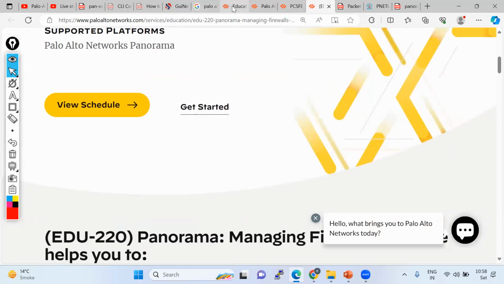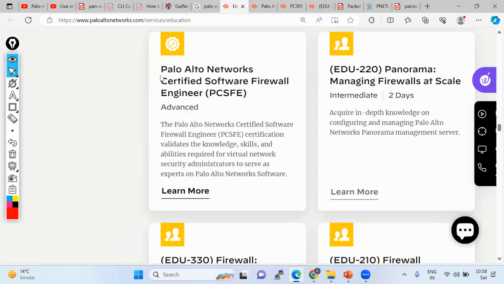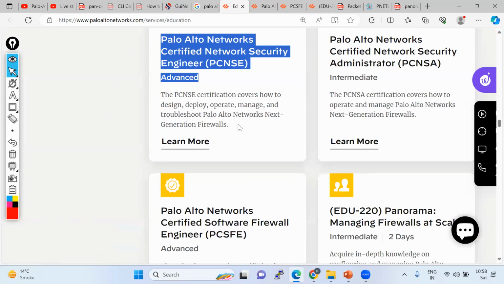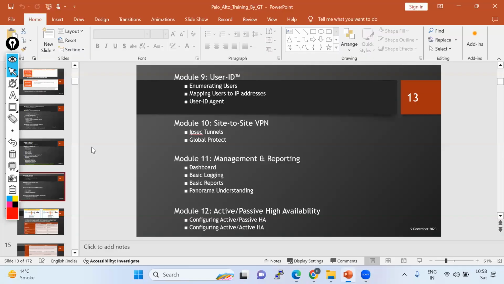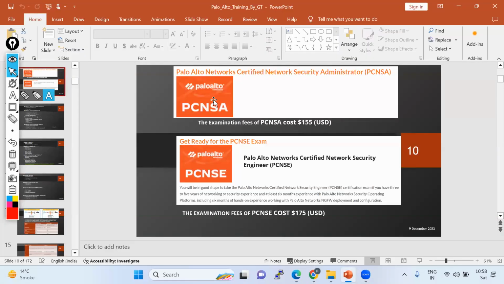So our agenda is to just cover these two modules. Once you complete this course, you are going to get good knowledge, hands-on knowledge, troubleshooting-level knowledge about the advanced engineer certification, that is the PCNSE, and PCNSE is also part of this certification. If you want to go for certification, you can go for either the PCNSA or PCNSE, but I would recommend not going for the PCNSA because we covered these two courses throughout the session.